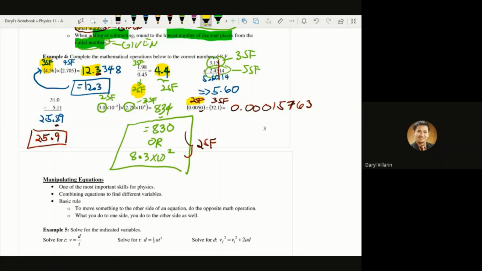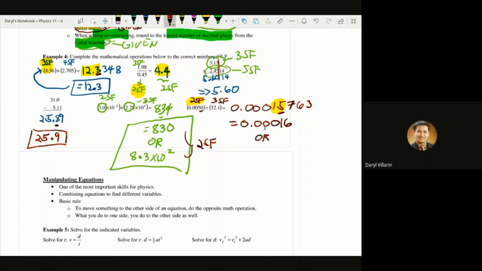And again, the 2 significant figures from my answer is only up to the 5. So if I'm gonna write this one in the correct number of significant figures, I can write that one as 0.00016. Again, it's 6 because the digit after where I'm gonna cut off, 7, is greater than or equal to 5.